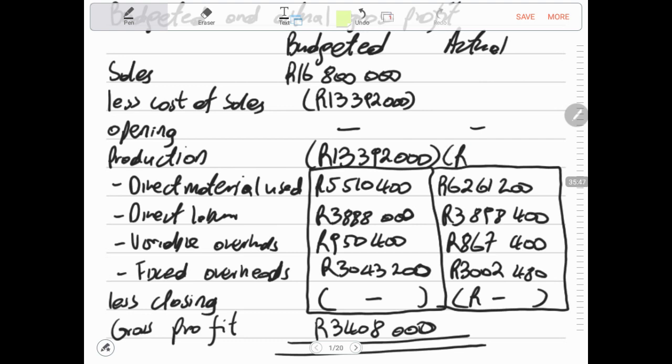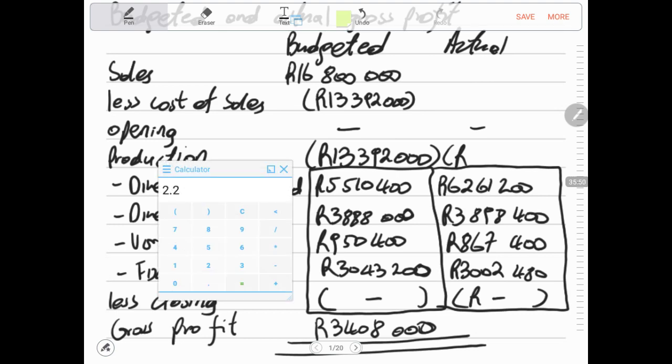Then we start by saying 6,261,200 plus 3,898,400 plus 867,400 plus 3,002,480, and this gives me a total. Just confirm the calculations again.